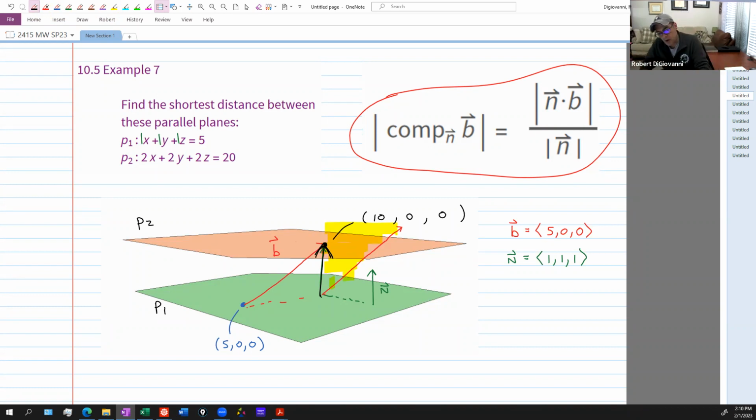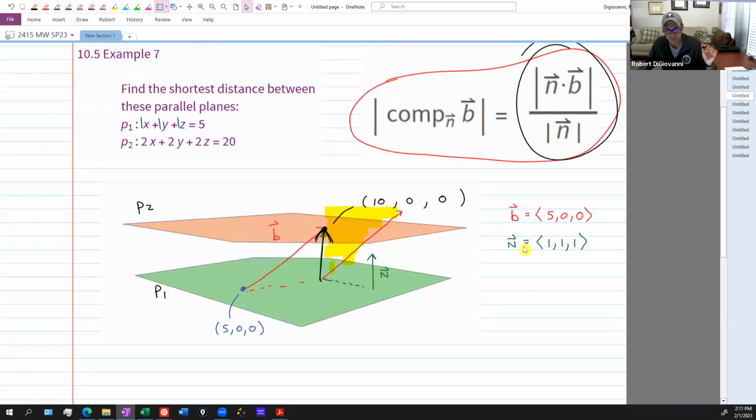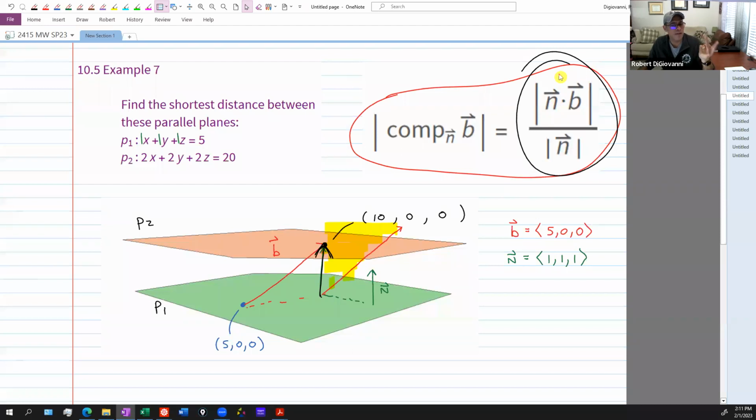But in all, I just have to do that computation right up here, top right corner. I need to dot these two vectors and then take the magnitude of that answer and then divide that by the magnitude of the n vector. And that should be the distance. So let me go ahead and dot the two. Does it matter what order I dot them in? Dot product doesn't matter, right?